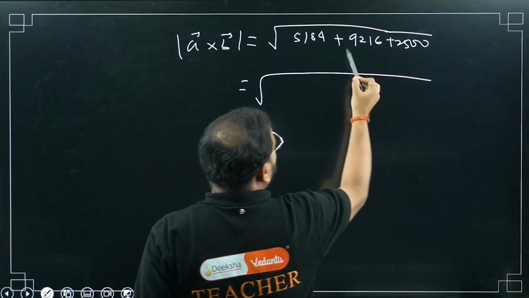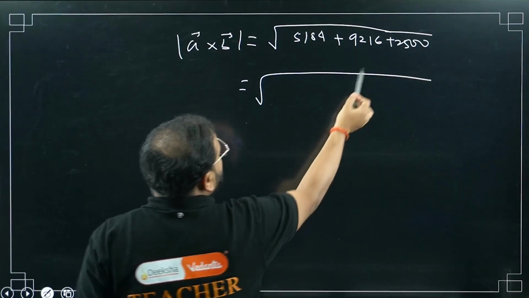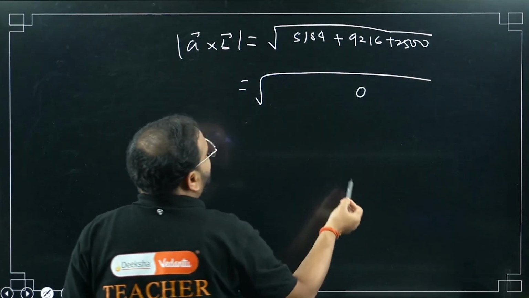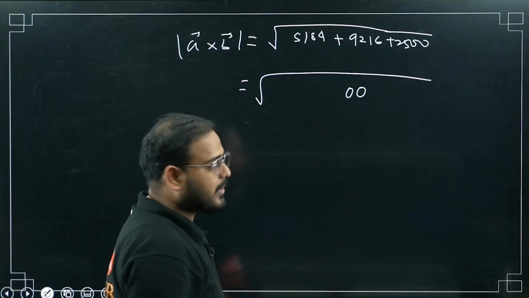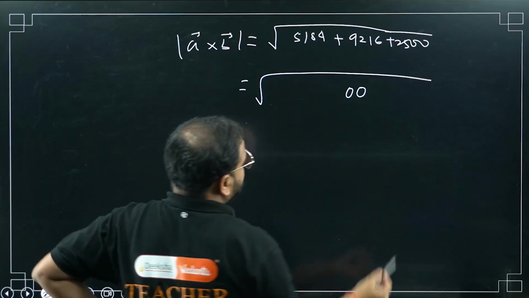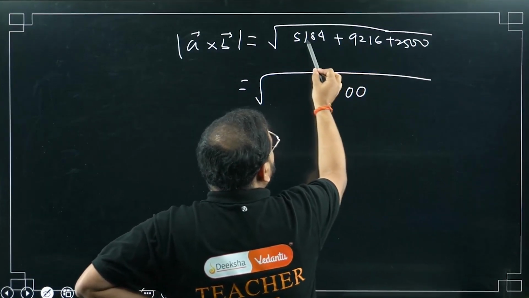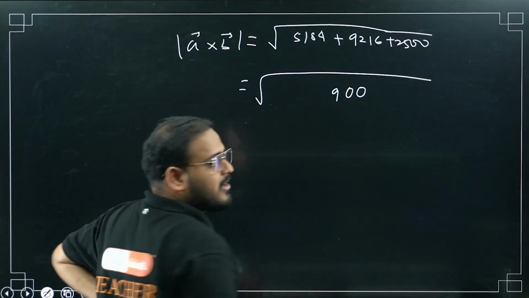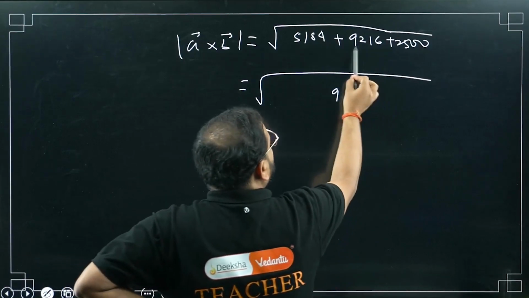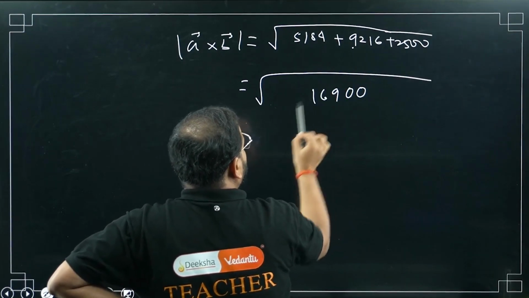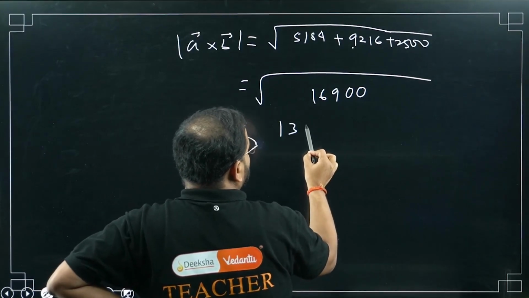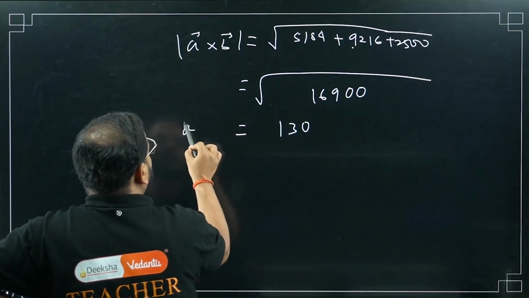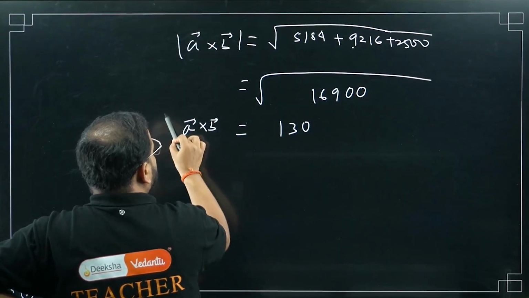What I'm getting? 4 plus 6 is 10, so 0, carry 1. 8 plus 1 is 9, plus the carry is 10, again 0, carry 1. 5 plus 2 is 7, 7 plus 1 is 8, plus the carry is 9. Then 9 plus 5, 14, plus 2 is 16. Root is what? 169 root is 13, and 100 root will be what? Simply 10.